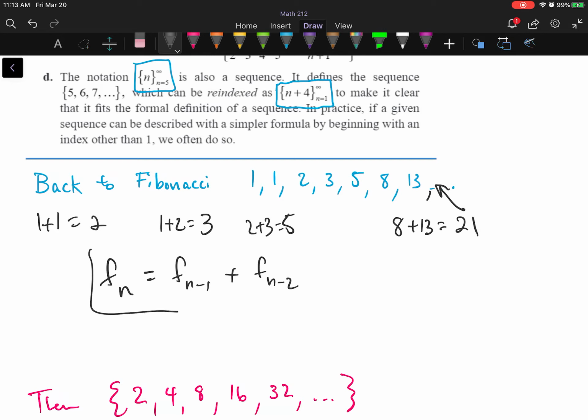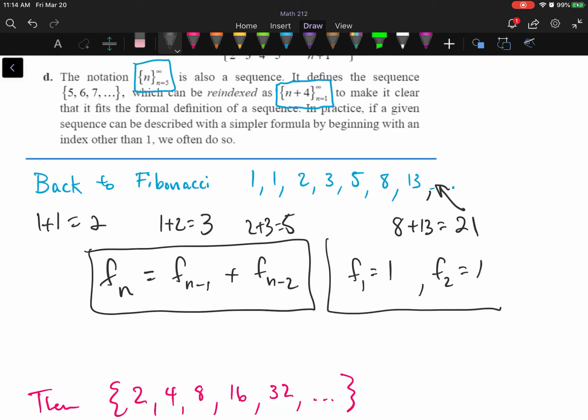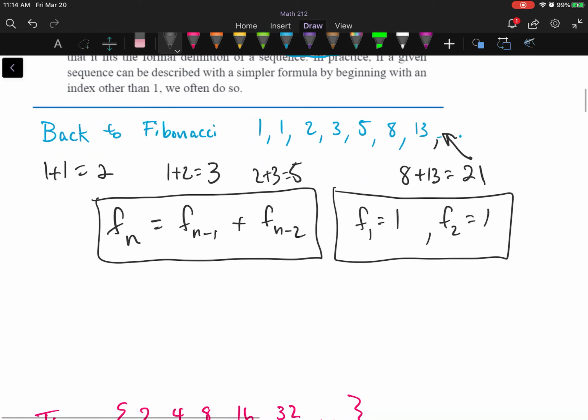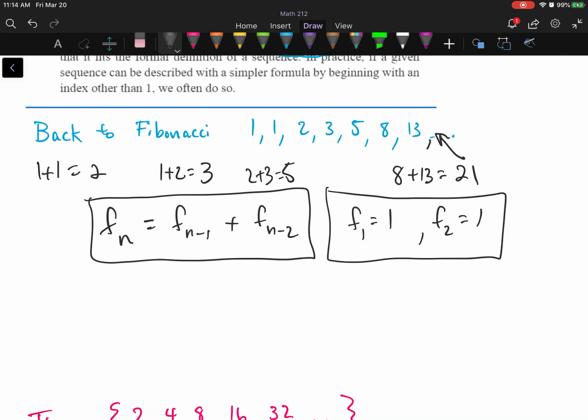So this recursive formula, plus saying maybe the seed values are the first term is 1, and the second term is also 1, provides a recursive definition for the Fibonacci sequence.